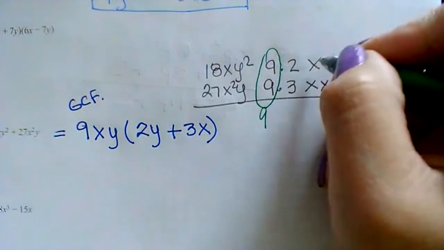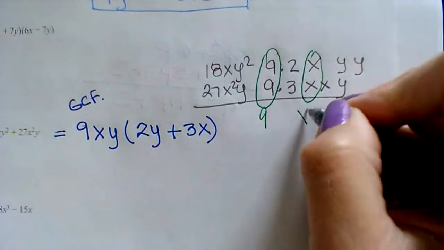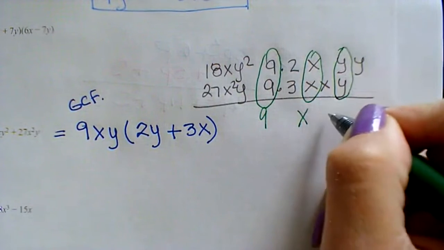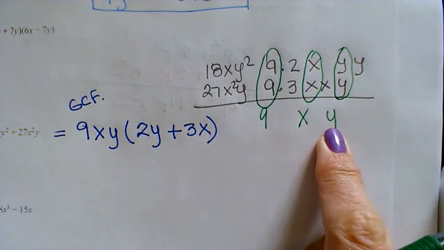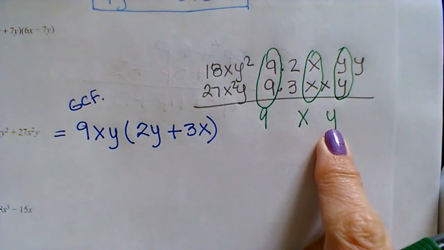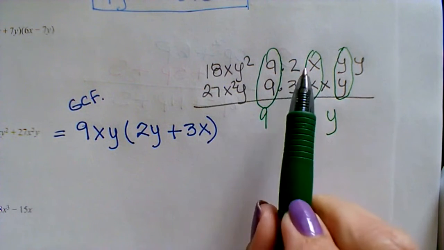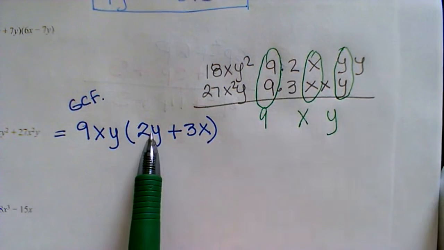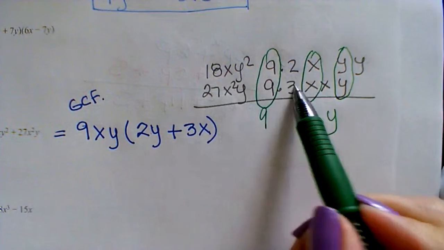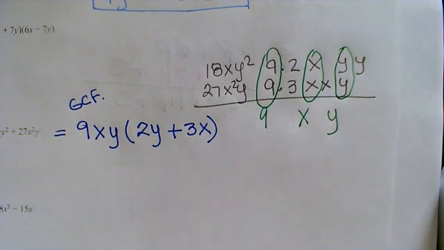So 9 is on both of them, x is on both of them, and y is on both of them. So that's why this is my greatest common factor. What is left on the first one is 2y, right here. What is left on the second one is 3x, right here.